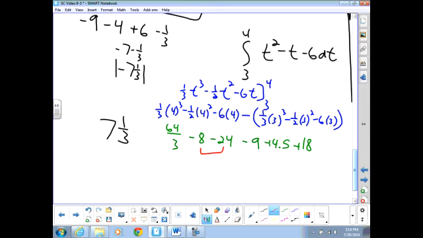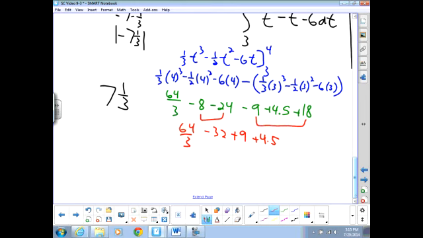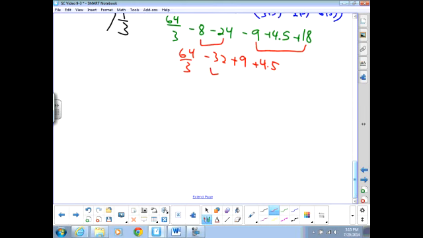Well, these will give us negative 32. These two will give us positive 9. And we still have the 4.5 and the 64 thirds. If we combine these three, that's 13.5 and negative 32, which should give us 18.5, or in other words, that's 37 over 2.